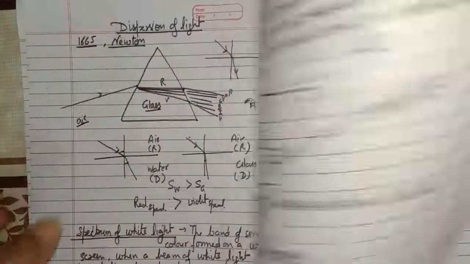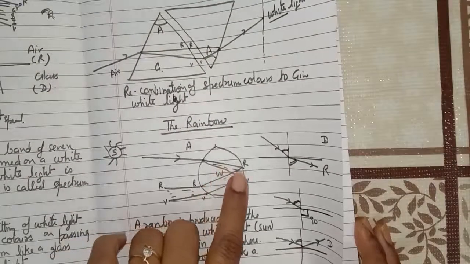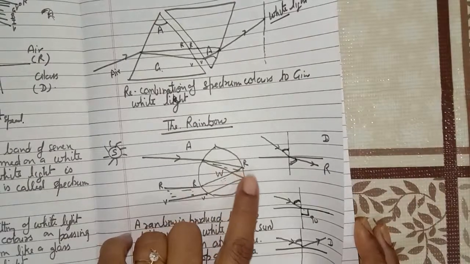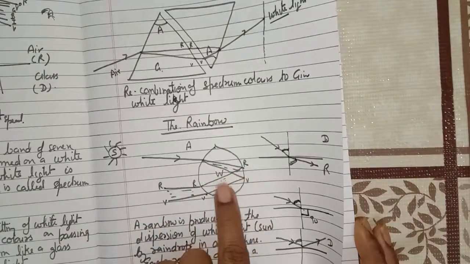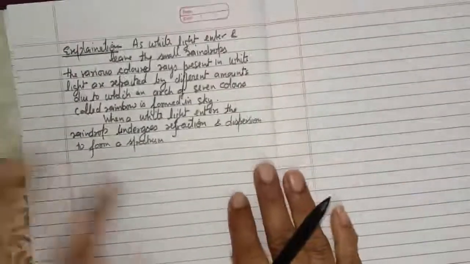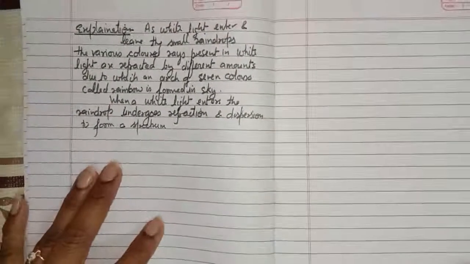This is the spectrum of white light I explained to you. Again, it undergoes total internal reflection. And due to this total internal reflection, this rainbow is formed.